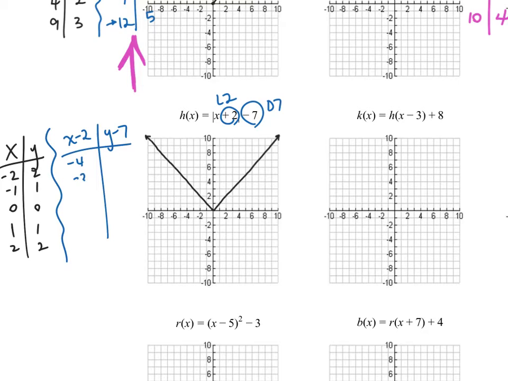Negative 4, negative 3, negative 2, negative 1, 0, negative 5, negative 6, negative 7, negative 6, negative 5. Okay, graphing this. Negative 4, negative 5. Right here. Negative 3, negative 6. And here. Negative 2, negative 7.